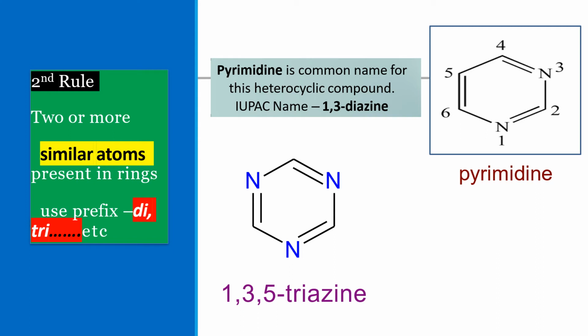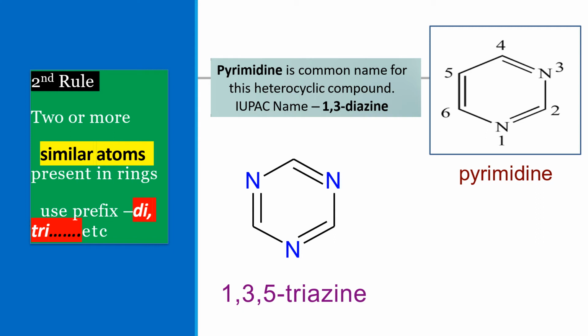We call it azine. Similar in the structure of pyrimidine. Pyrimidine contains 2 nitrogen heteroatoms in a 6-membered ring containing double bonds. What is the name of pyrimidine? 1, 3. That's why diazine. So very simple.